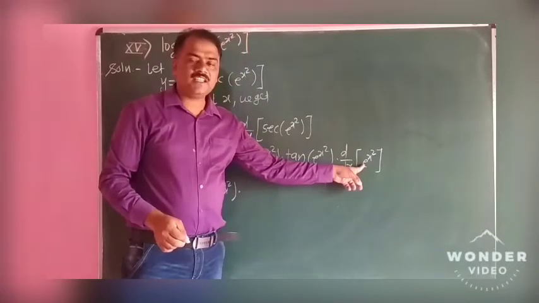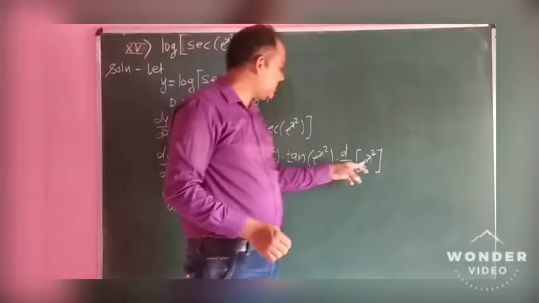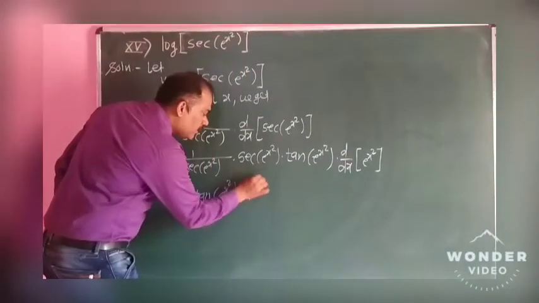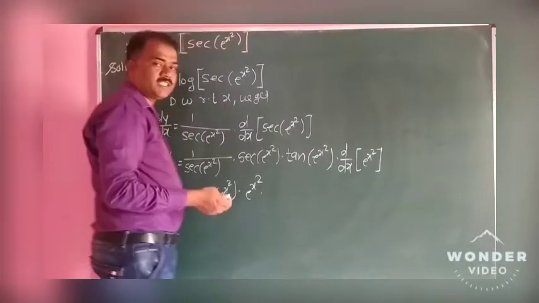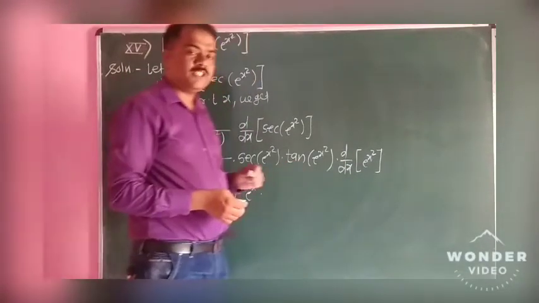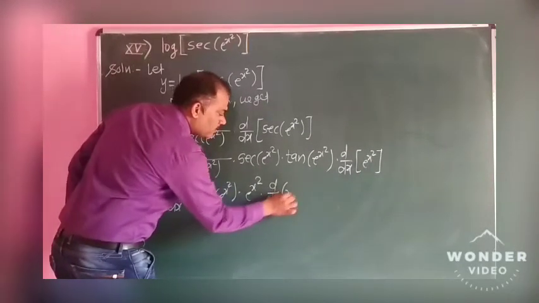We treat it as an exponential function, and the derivative of e raised to x is e raised to x, so here e raised to x square. After that we have to take the derivative of the power, that is d dx of x square.